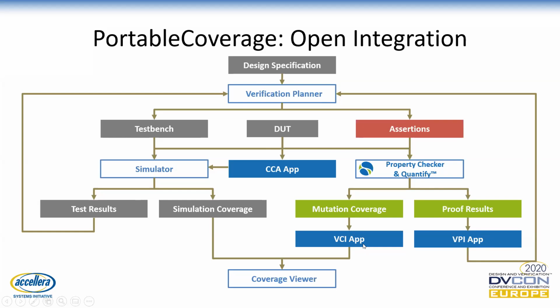On the other side, we have the verification coverage integration app that makes it possible to get Quantify coverage to view in a third-party verification coverage view. So this works together with a simulator. So simulation coverage works with formal coverage into one view, functional coverage, and the assertion coverage from OneSpin into the same verification planner.